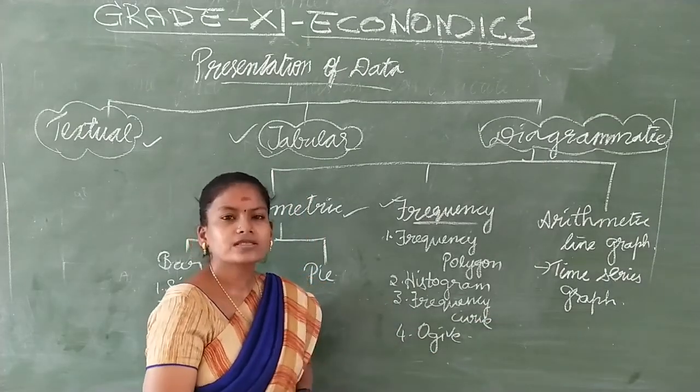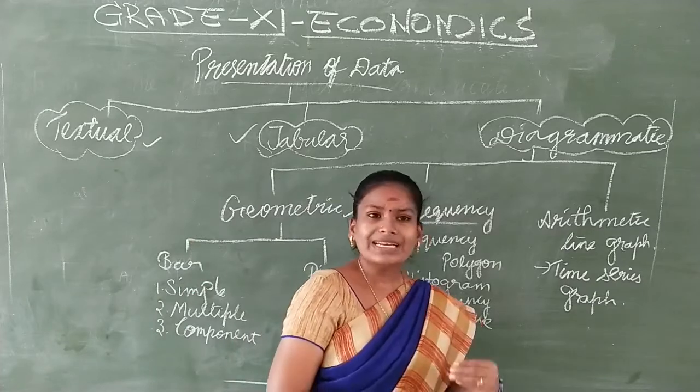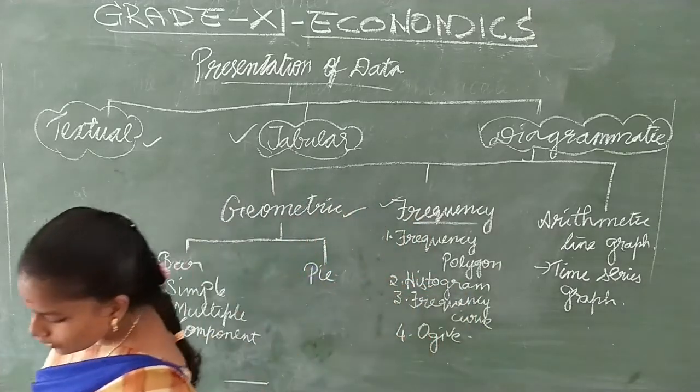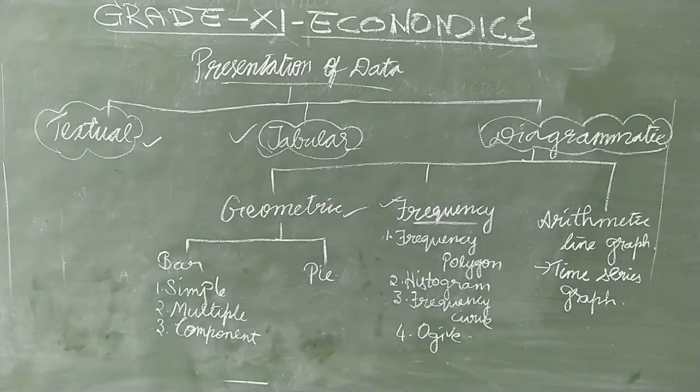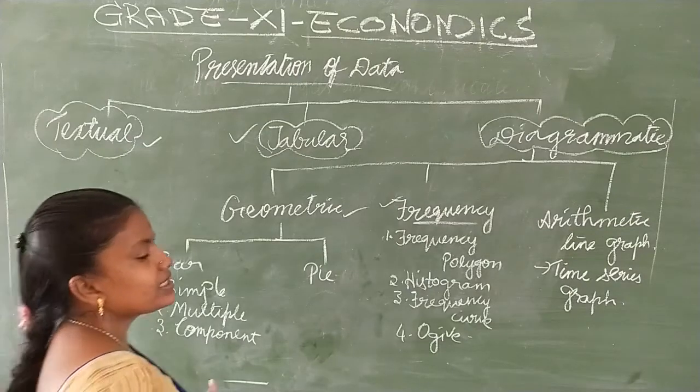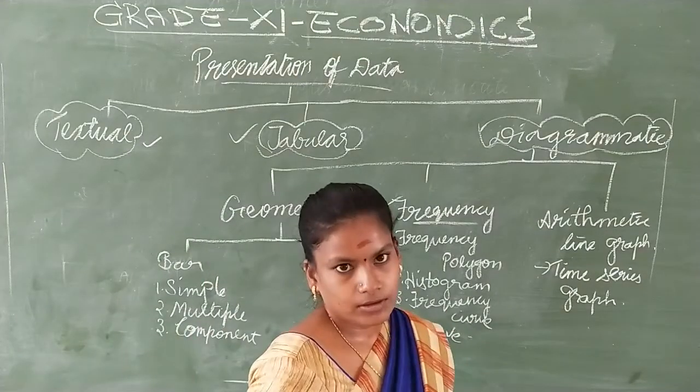Yes, in the previous chapter even, we discussed a few examples where production of something in particular years was discussed. The GDP of particular years was discussed. All these things were discussed, right? All this will use the time series graph to be presented.